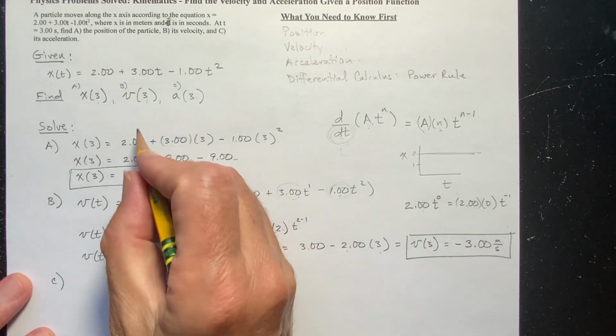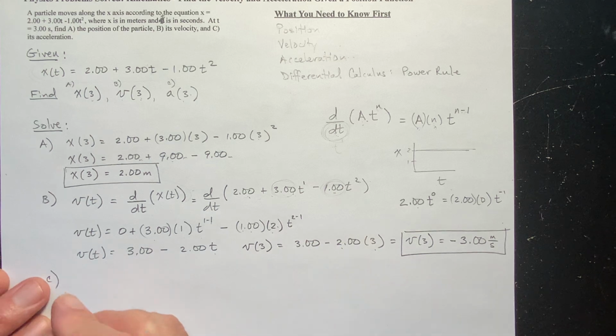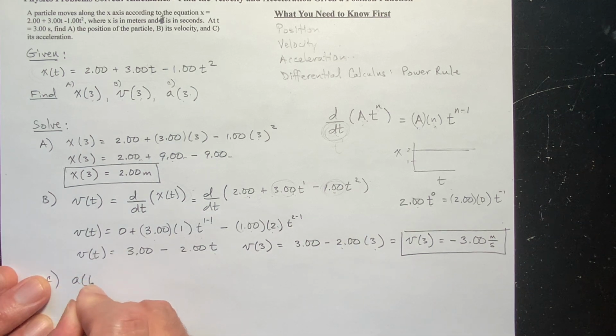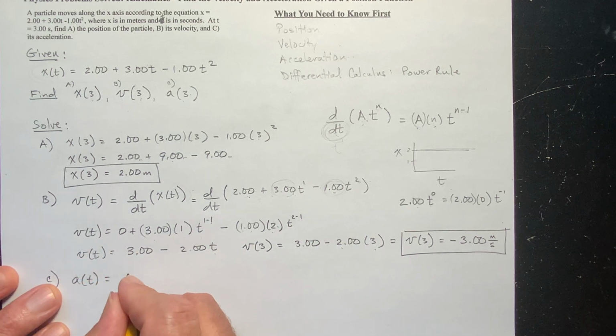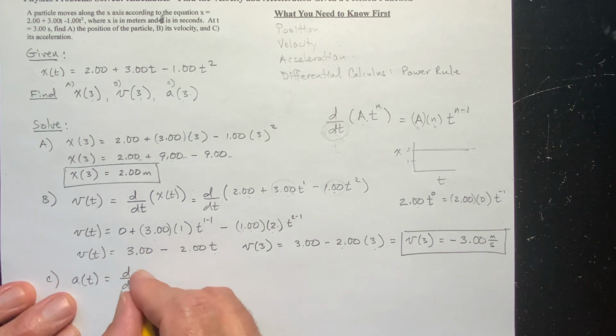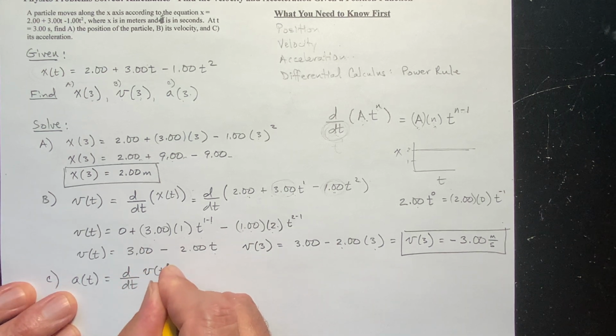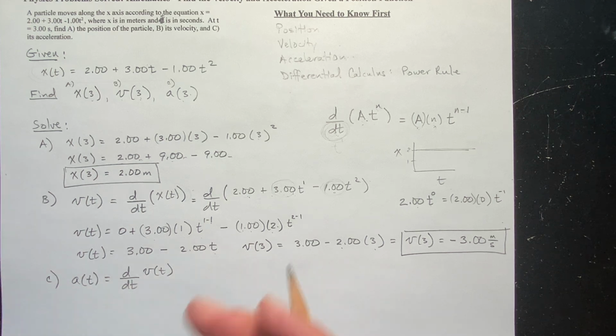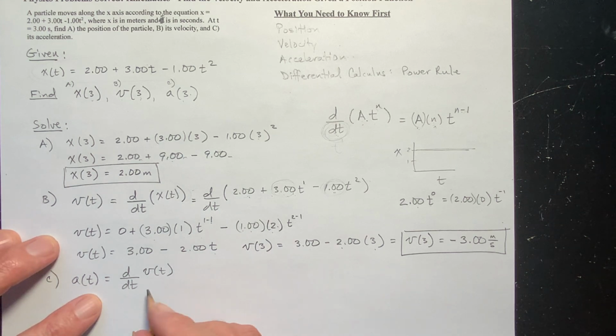Okay, now we're going to find the acceleration. Well, the acceleration as a function of time, that's the time derivative, the slope of my velocity equation. It's the rate of change of velocity. How fast is your velocity changing? At what rate? How many meters per second do I change every second? That's kind of what that means.